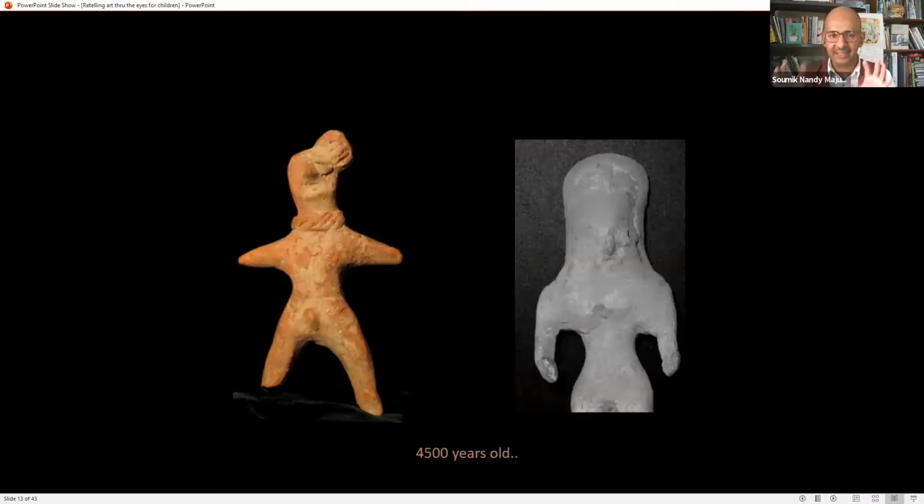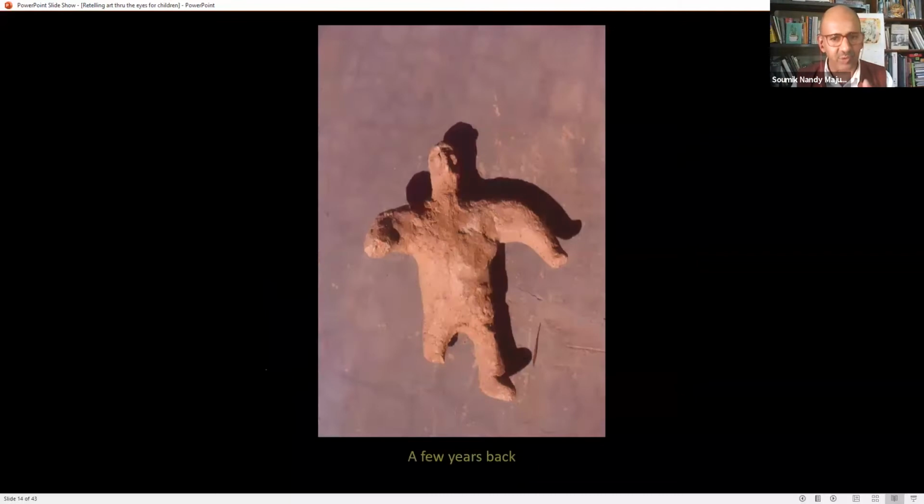So these are the figures that I was remembering, and this is what he was doing just a few years back. So the whole chronological structure of art history, the way I had studied so far, was challenged by this kind of interpretation. And as I progressed, I carried on with my research work.